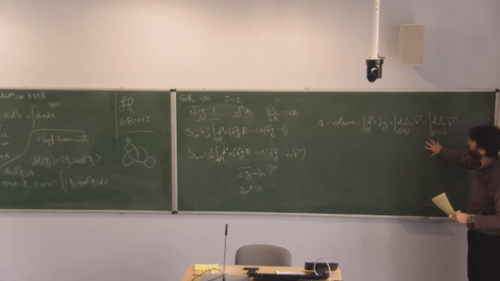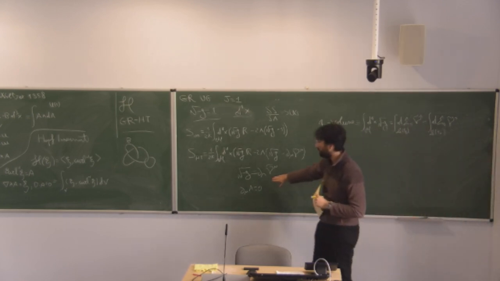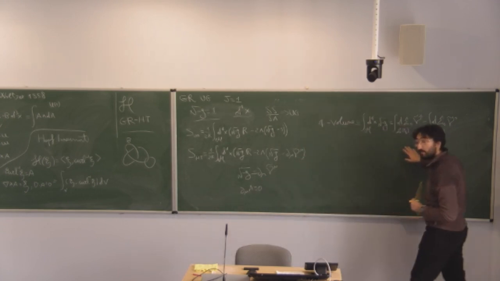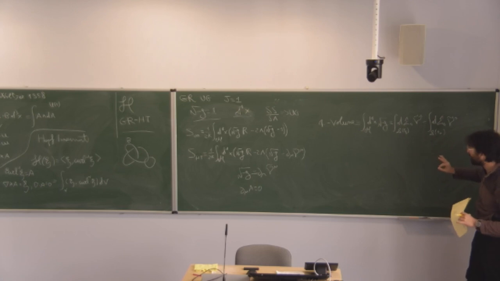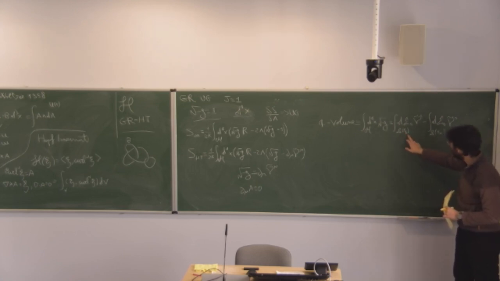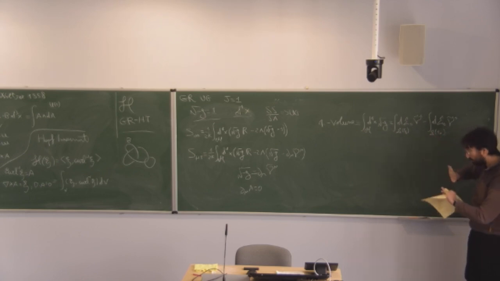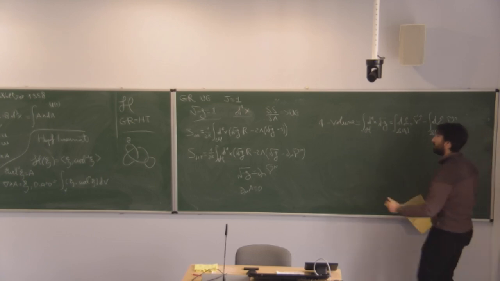It's literally computing this in ADM. So we are foliating the 4D space in hypersurfaces. This is a hypersurface at T final, this is a hypersurface at T initial. I will give you a picture. So the picture is this.